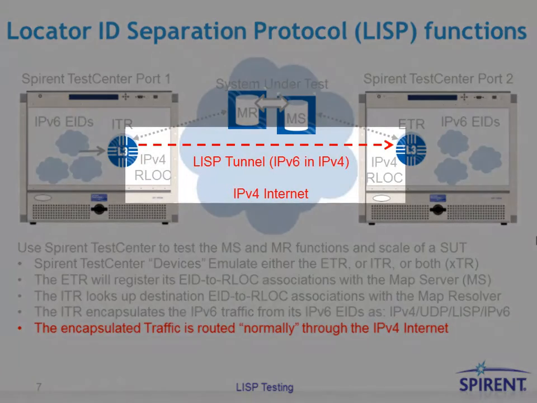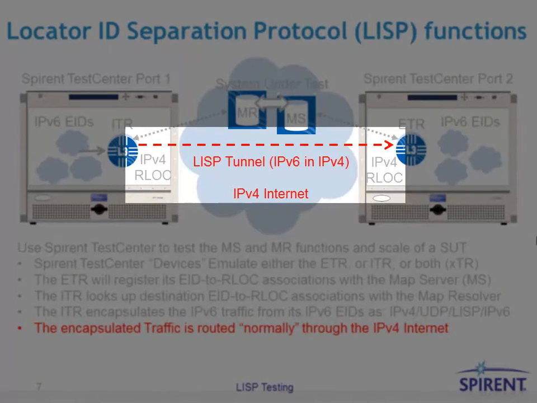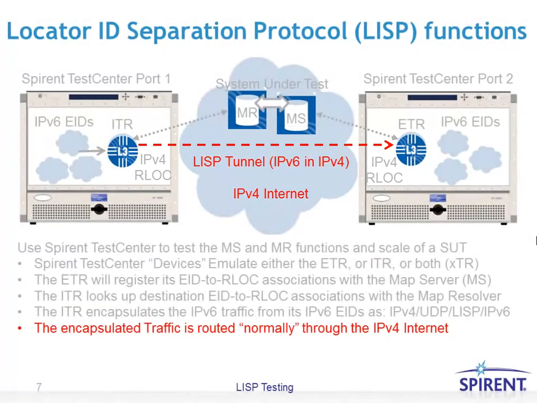The traffic is encapsulated in a LISP tunnel, and that would be the IPv4 header, which is the routable portion on the global internet, and then the UDP, LISP, and IPv6 encapsulation. And then it's routed normally through the IPv4 internet, because the internet is going to know the location of the IPv4 RLOCs of each the ITR and ETR just based on the internet routing scheme.